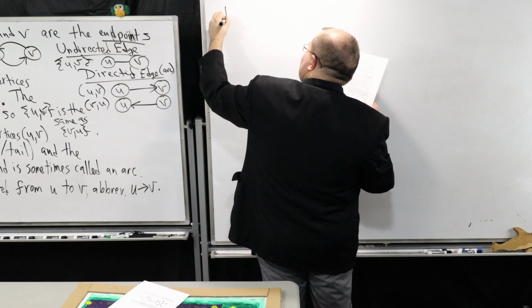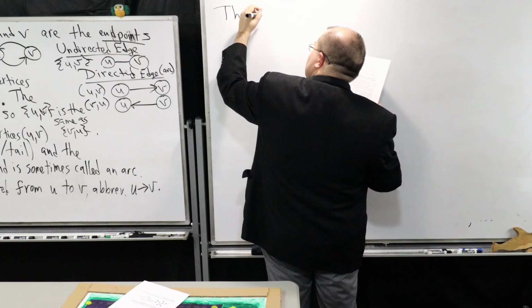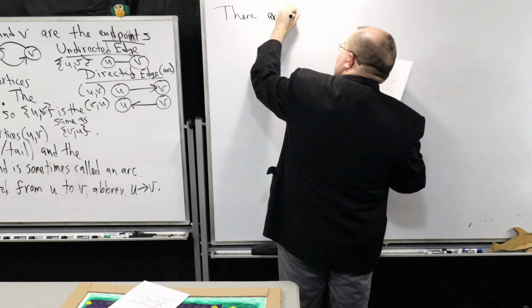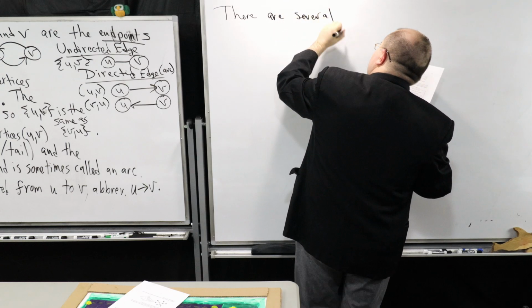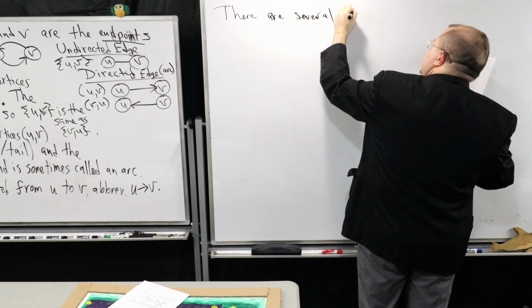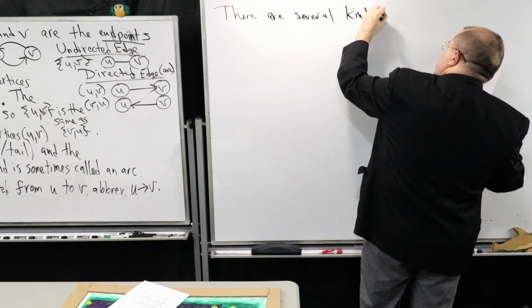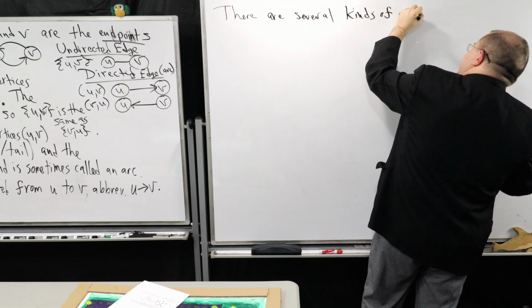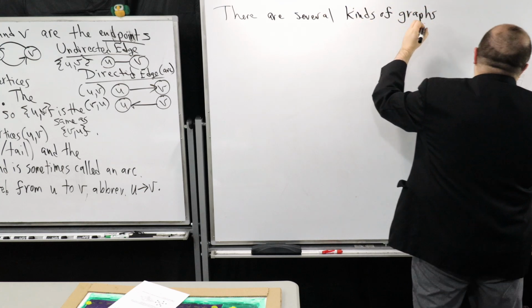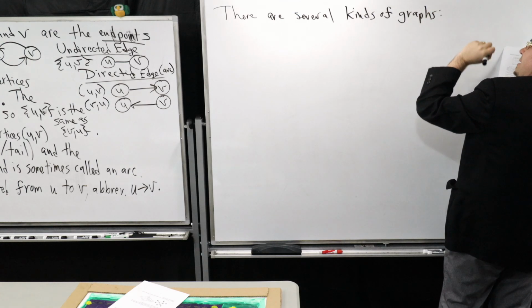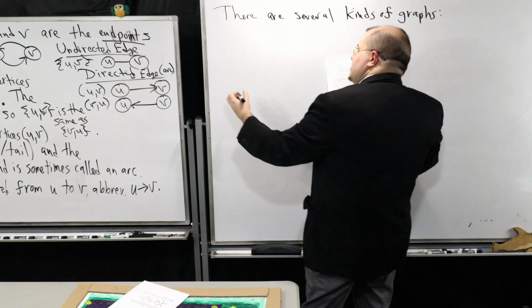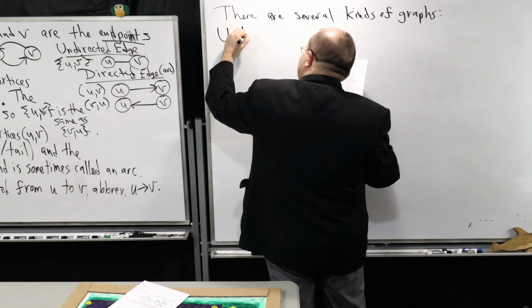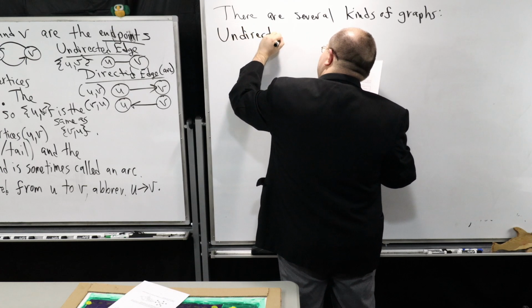So there are several kinds of graphs. So these aren't even all of them. These are just the most common ones you're going to probably run into. So there's undirected graphs. So this one's going to be the one that we're going to primarily focus on.